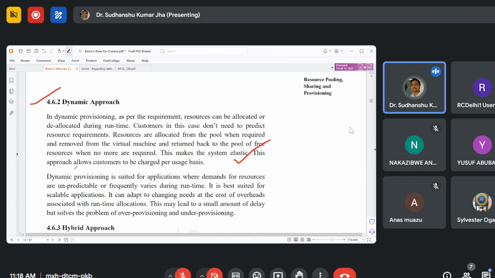You have to wait till more resources are allocated to you.